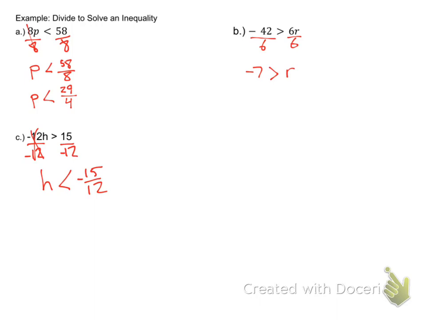The symbol flips. Top and bottom of this fraction are divisible by what? Three. 15 divided by 3? 5. 12 divided by 3? 4. And there's your answer. Open dot.